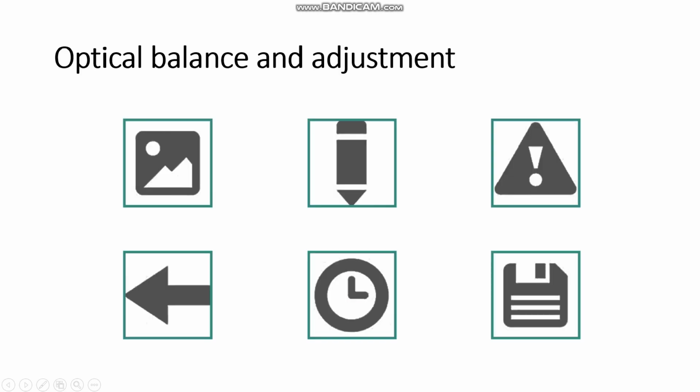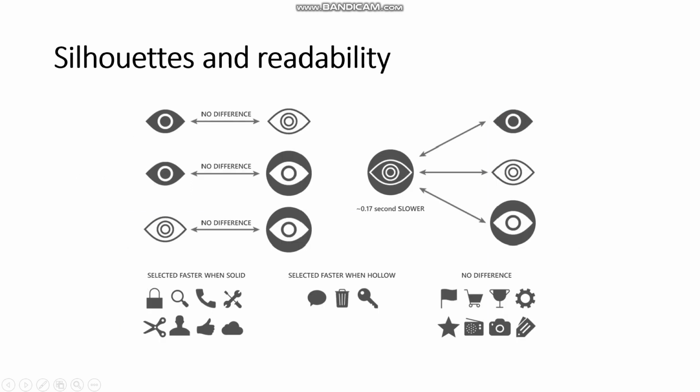Next, optical balance and adjustment. That's why I told you to have the same size for all icons, not different like this. And we should go with silhouette, I mean icons that have more silhouette.